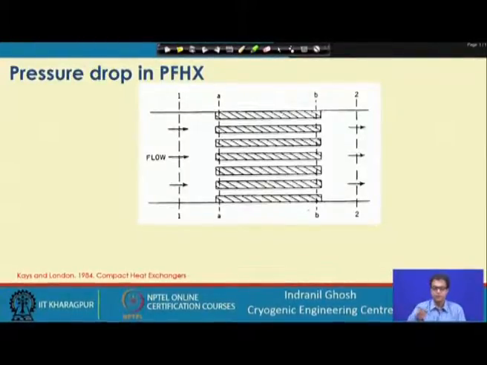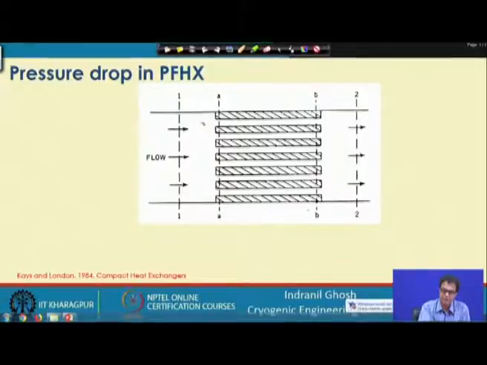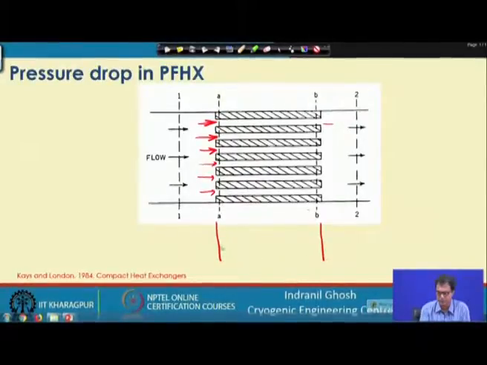Here we have a cross sectional view. We will find that some of the passages are blocked, whereas some of the passages are open, and through these the flow will take place, and then it will come out again.